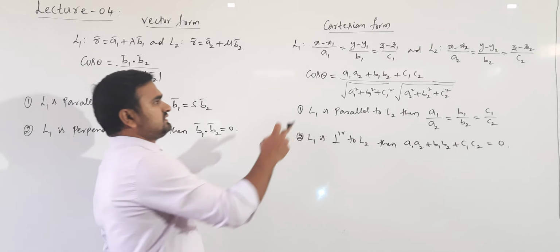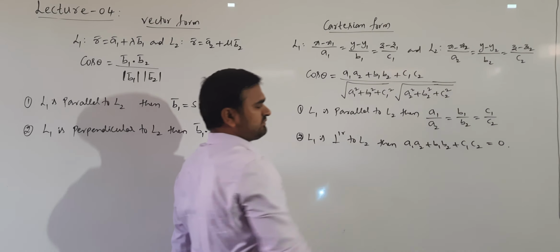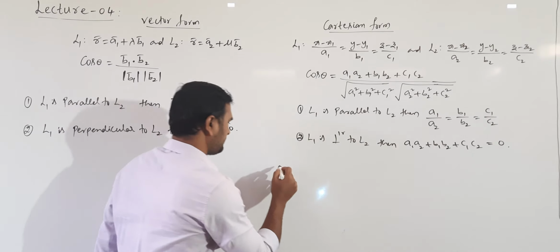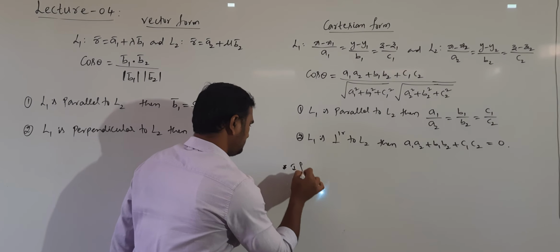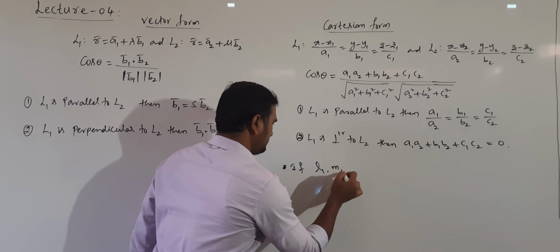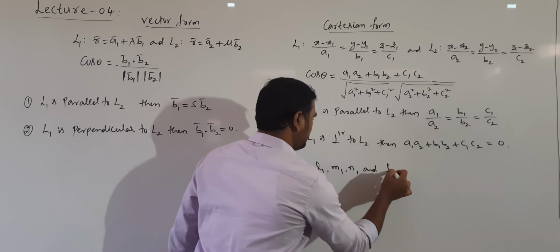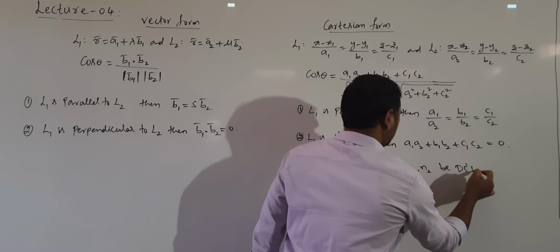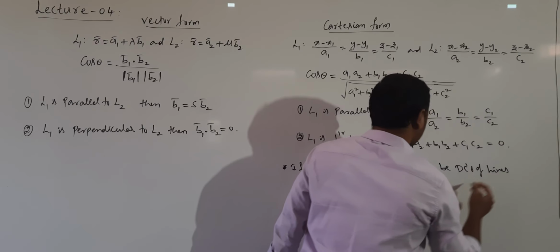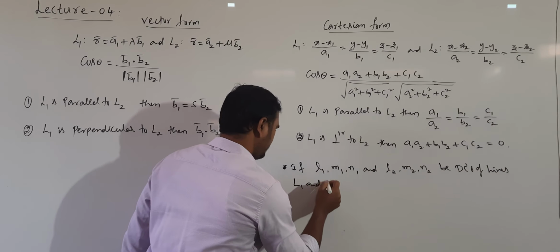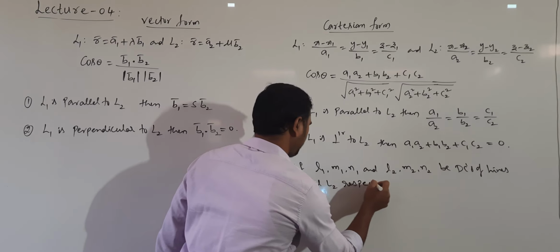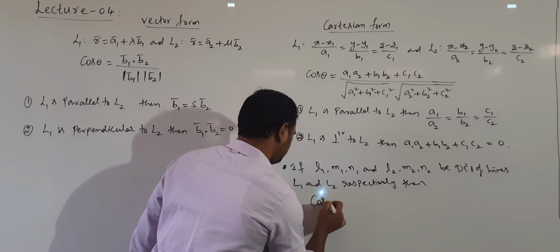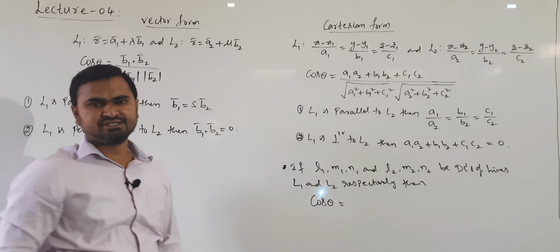Now instead of giving DRs, suppose they mention DCs, then how do we write the angle between two lines? Suppose L1, M1, N1 and L2, M2, N2 are DCs of lines L1 and L2 respectively, then what is cos theta, the angle between the two lines?